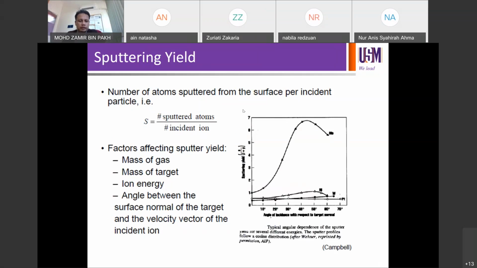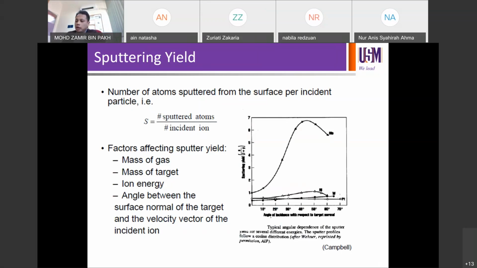There are a few factors affecting the yield of the sputtering process. For example, the mass of the gas. Typically we use argon, so it's pretty much fixed. Mass of target material, this one really depends on what type of material you use for your sputtering process.